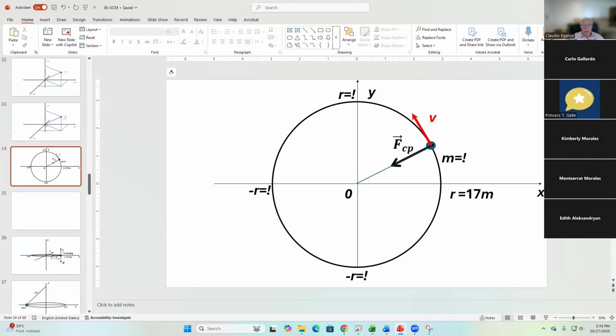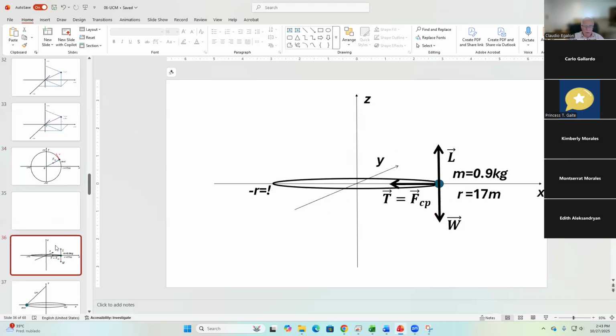So here you go. By the same token, you have a centripetal acceleration. You're going to have also centripetal force. Here is another illustration of the same model plane, but looking sideways, not from the top, right?